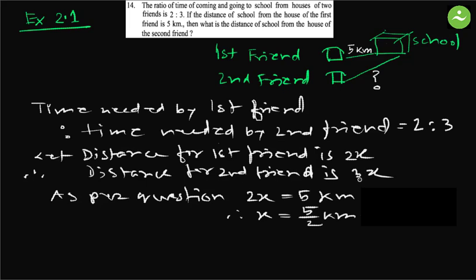Can we find out the value of 3x, or the distance for the second friend? Yes.